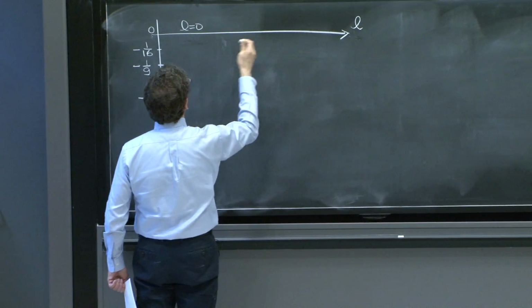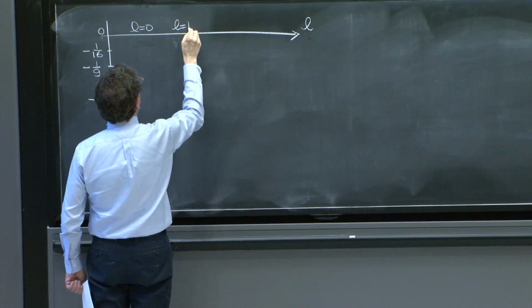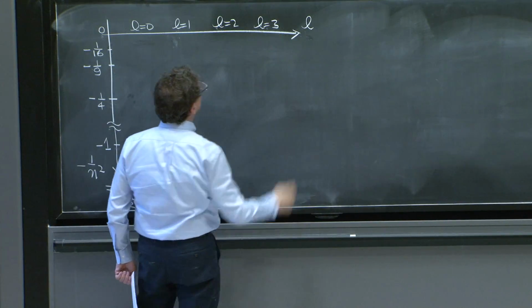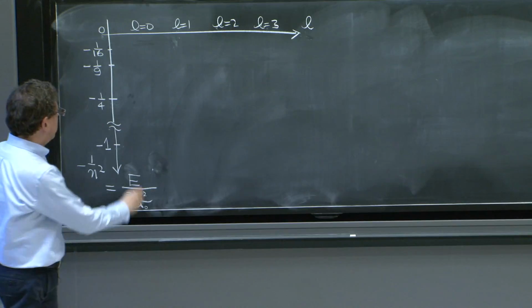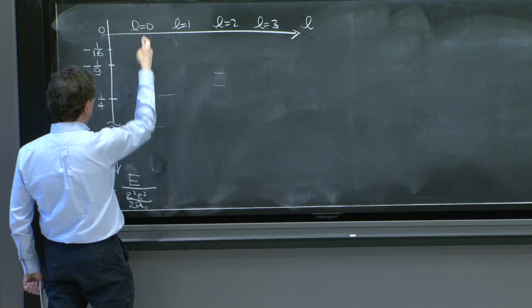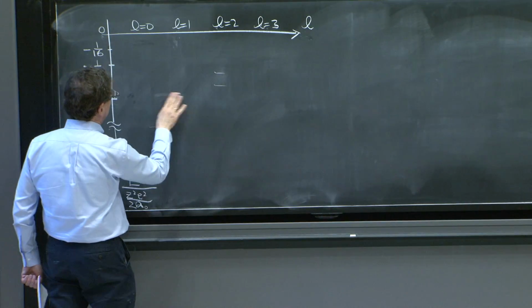So it's like a histogram. L equals 1, L equals 2, L equals 3. Then we put dashes here, and each dash is a state. You look at it, and you see what the value of L is.